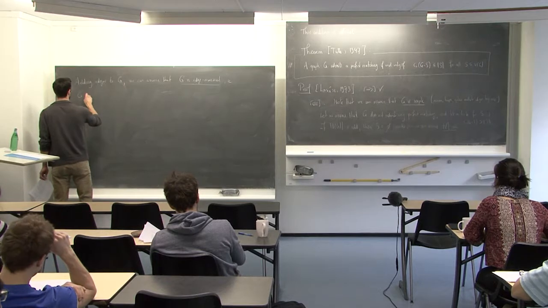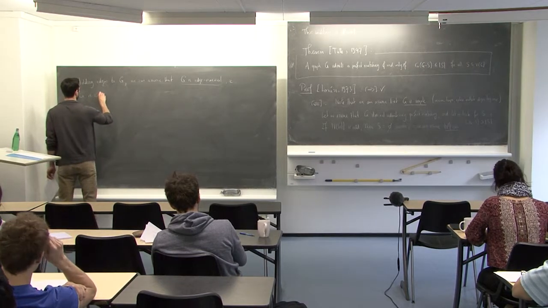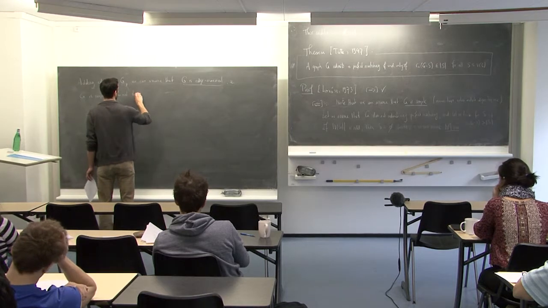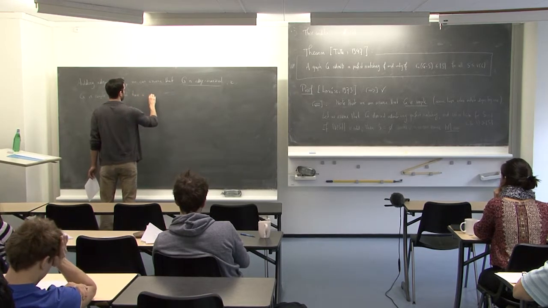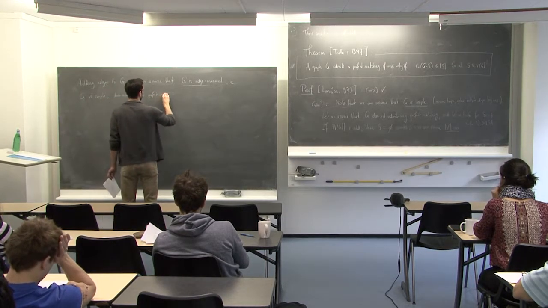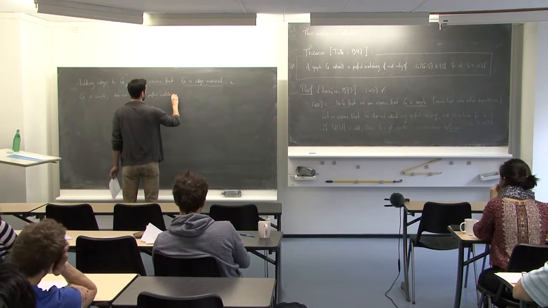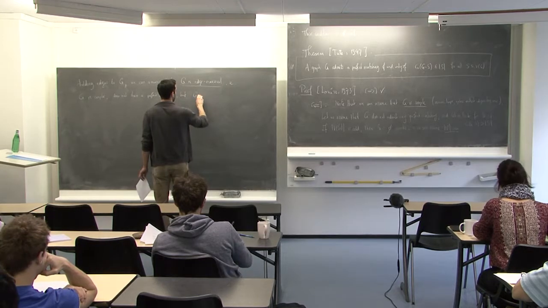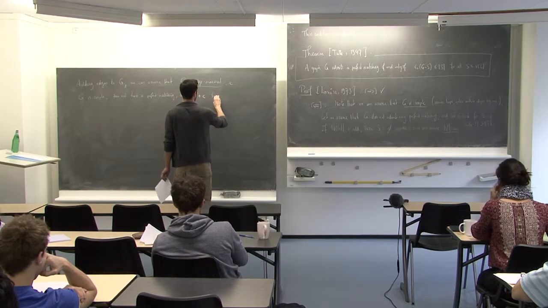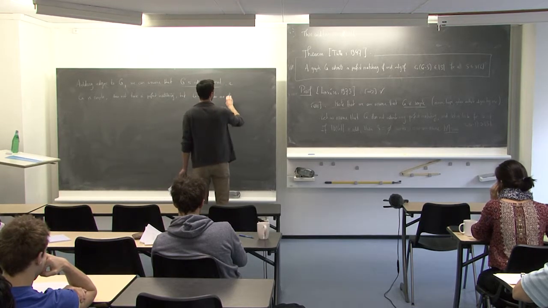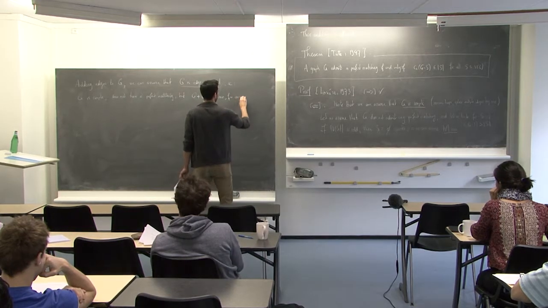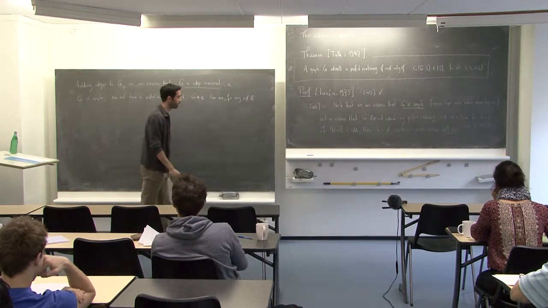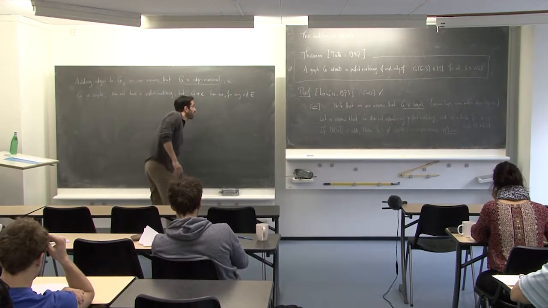So G is simple, does not have a perfect matching, but G plus e has one for any e that is not in the set of edges of the graph.